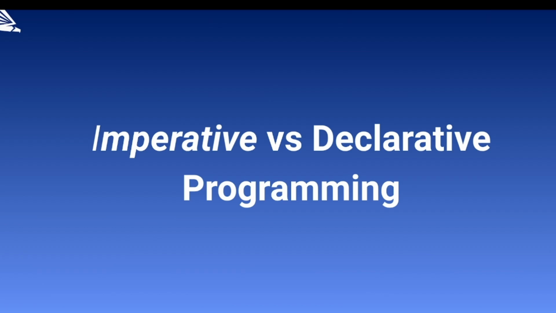In other words, imperative programming is like giving a chef step-by-step instructions on how to make a pizza, whereas declarative programming is like ordering a pizza without bothering or caring about how that pizza is being prepared.